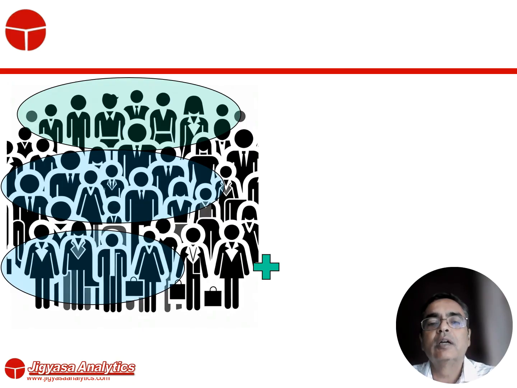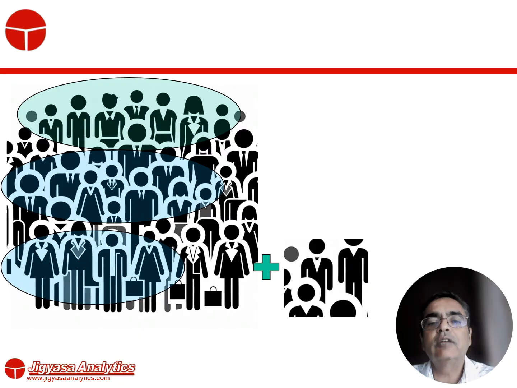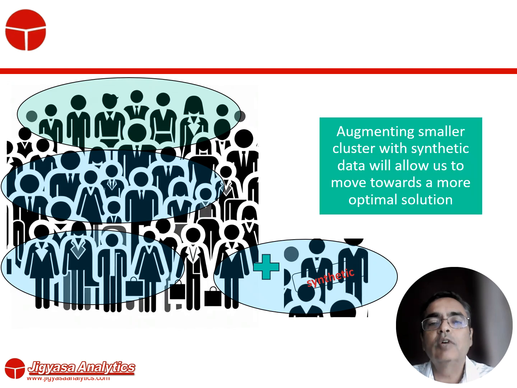But what if we took that smaller segment and then generated some synthetic data for that segment, and then we are back to our four segment solution, and we are moving towards a more optimal result. But a fair question there would be, what about our performance?